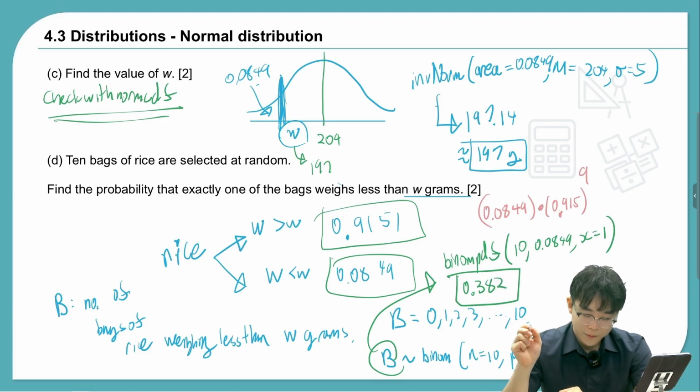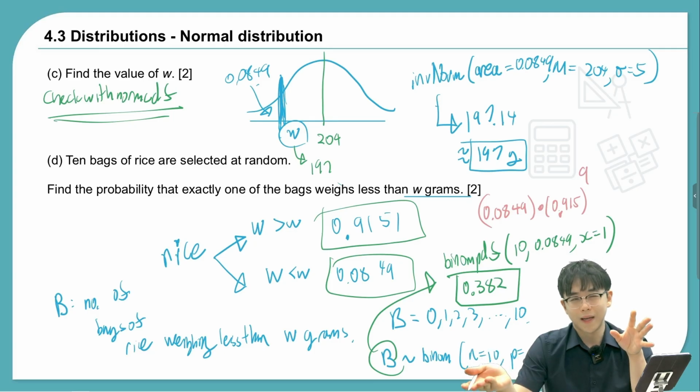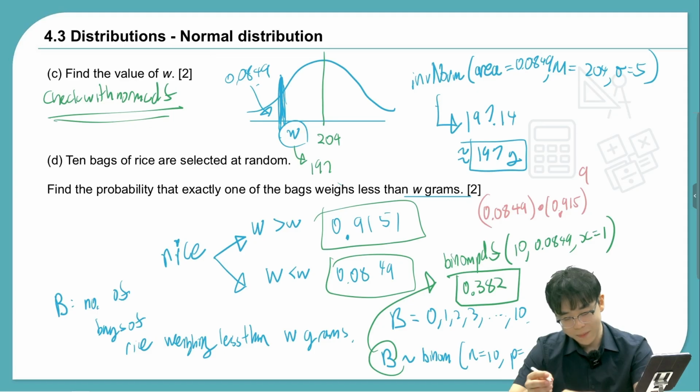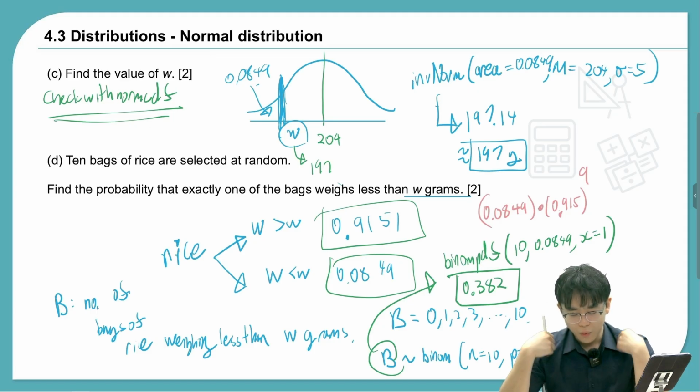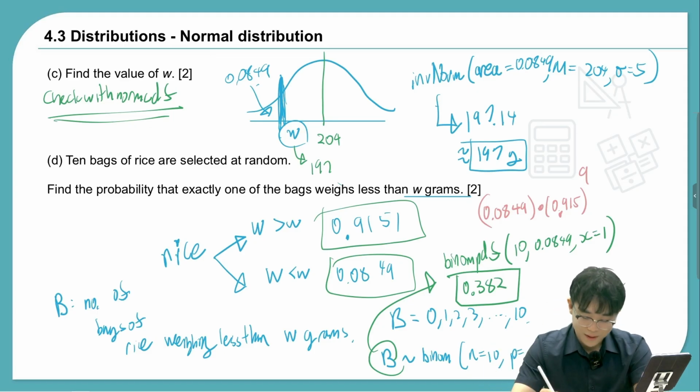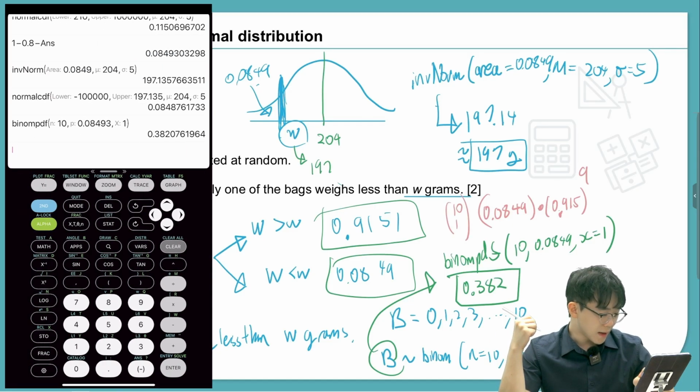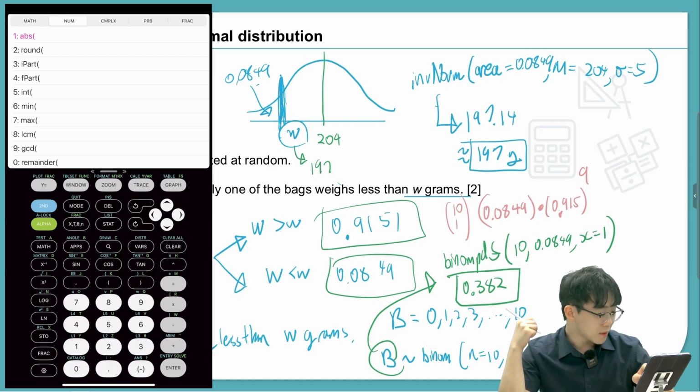But we don't stop there, because there are 10 bags total, and we have to decide which out of the 10 bags is going to be light, and which 9 of the 10 will be heavy, right? So we have to multiply by 10 choose 1. You could do exactly that. You could go to math, probability, nCr.